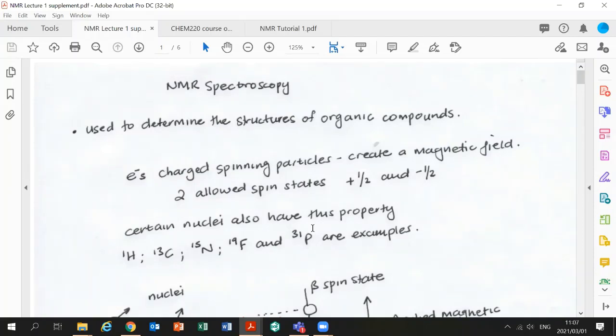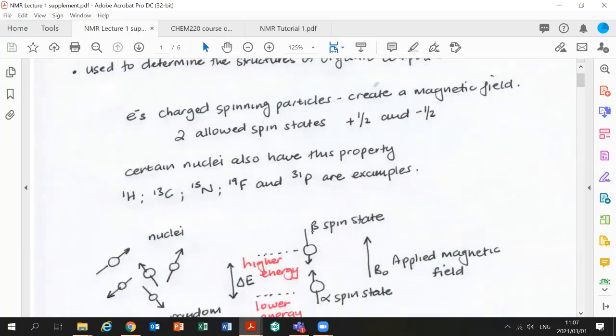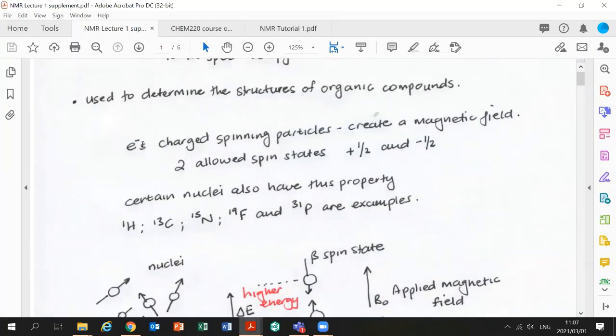So at an introductory level, what is NMR spectroscopy and how does it work? Generally it works with the concept of particles spinning. We know from our physics in first year that electrons, which are charged, are spinning particles.